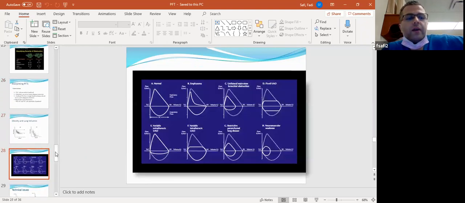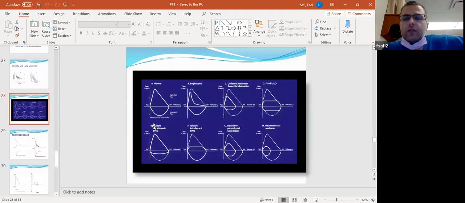Now, this graph here is the most important graph that you need to remember, because that's how you interpret a flow volume curve. A normal flow volume curve will look like this.